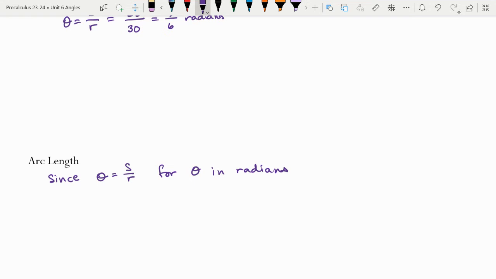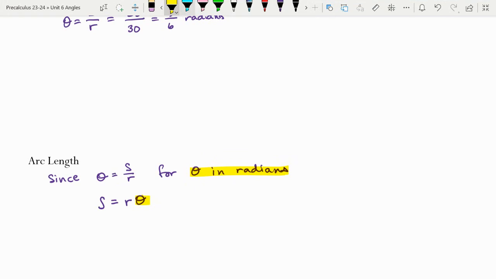So if I take this and solve for the arc length, solve for S, multiply both sides by R, I can see that the arc length is equal to the radius times the angle in radians. That is very important. The angle is in radians. This is only true if it's in radians.